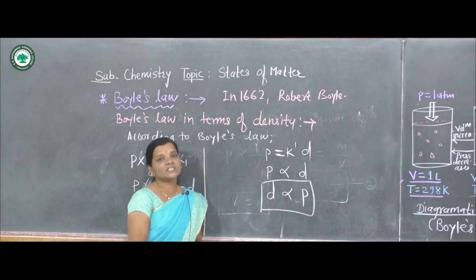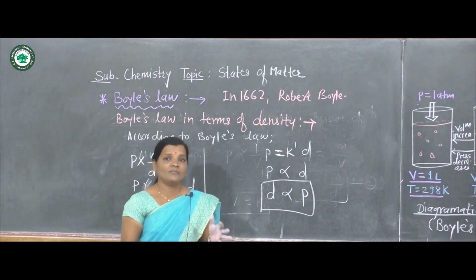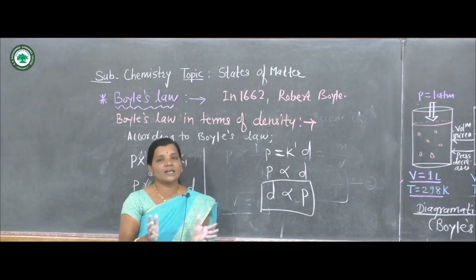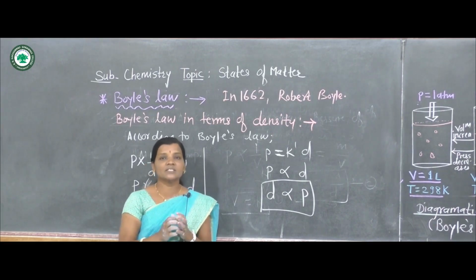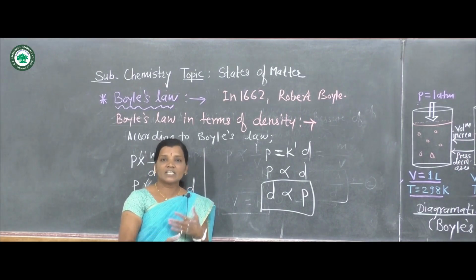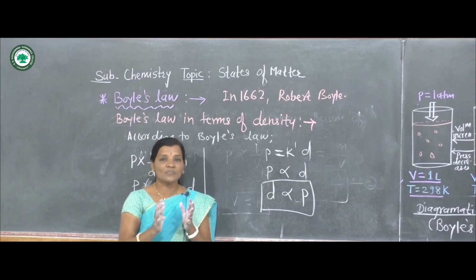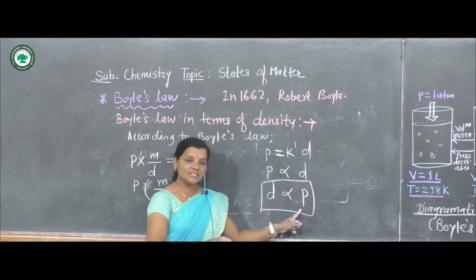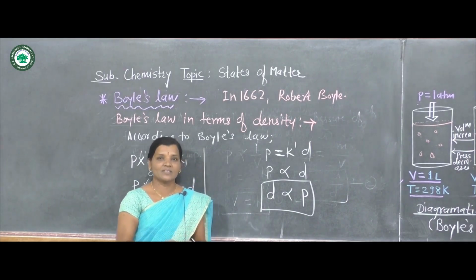This equation implies that when pressure of the gaseous system increases, the attractive forces between that gaseous particles in the system also increase, and that gaseous particles come closer to each other. When that gaseous particles come closer to each other, obviously the density of that gaseous particle also increases, and so we can say that if pressure of the system increases, density of that gaseous system also increases. So that is the point.